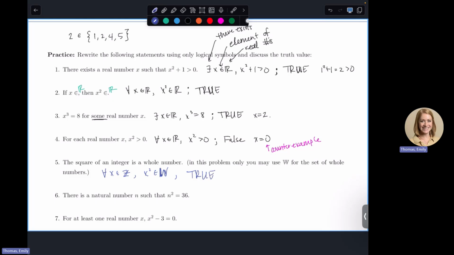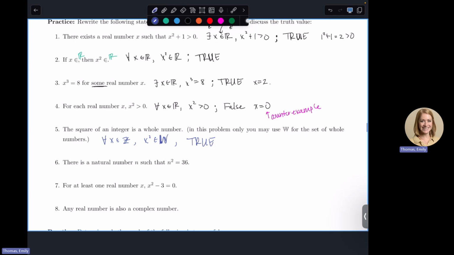Okay. Number 6, there is a natural number n such that n squared equals 36. There exists a natural number. The natural numbers are called blackboard bold N. That's 1, 2, 3, 4, 5, and so on. What you would naturally teach a child to count.